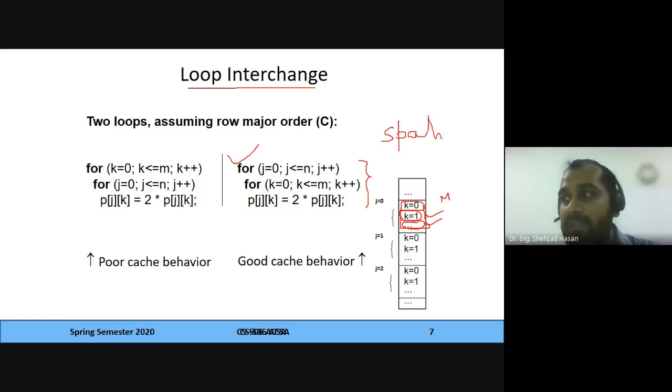The second version exploits spatial locality because it fetches the one element that you need, and along with it the other localized elements, which you actually use in your next accesses, and those next accesses would be hits because you have already brought in that block. Is this clear to all of you? This one will obviously have good cache behavior because it shows more spatial locality.